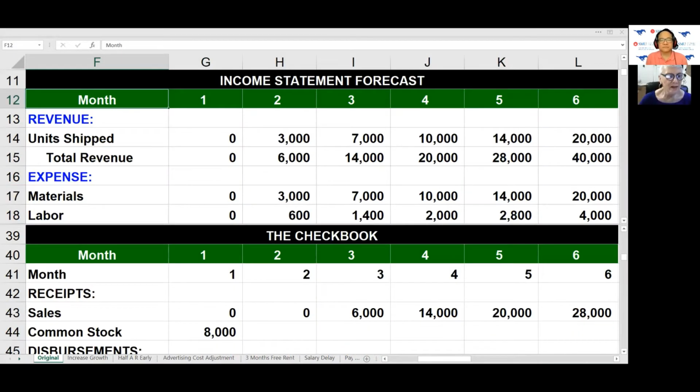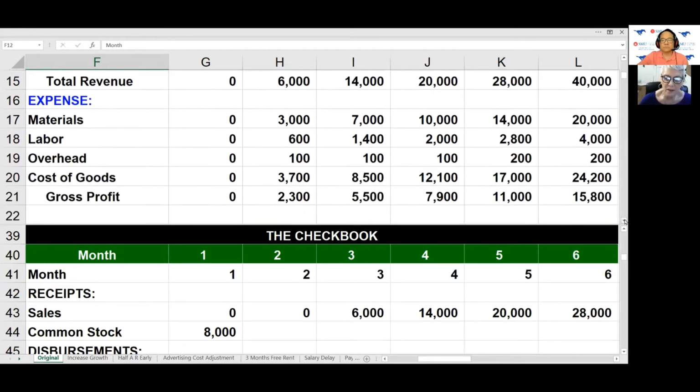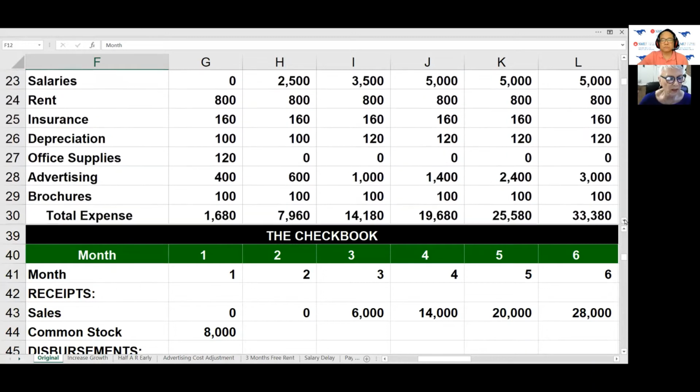Simon has the income statement and the cash flow statement up on the screen, and he has split the screen so that we can see what's going on in both statements simultaneously. So Simon, why don't you just scroll down the income statement so everyone can see what we're doing here.